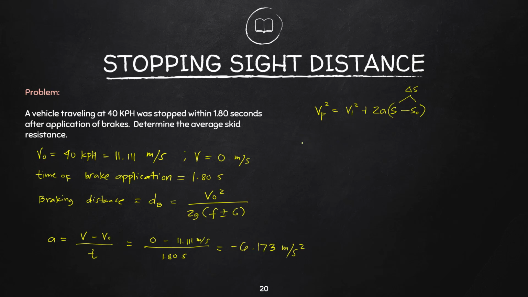So we can say v squared is equal to v sub 0 squared plus 2 times a times d sub b.